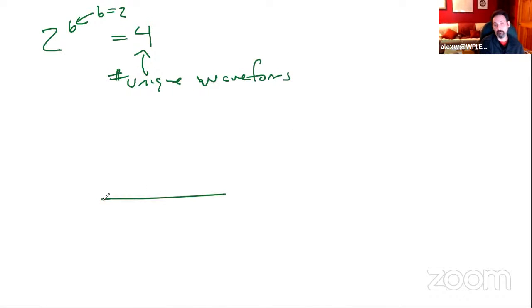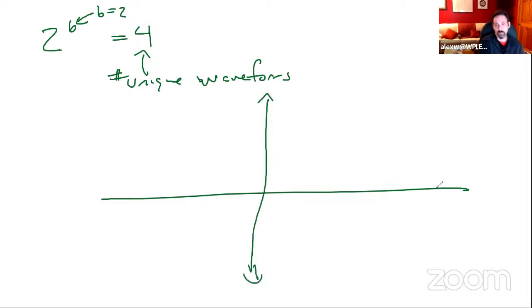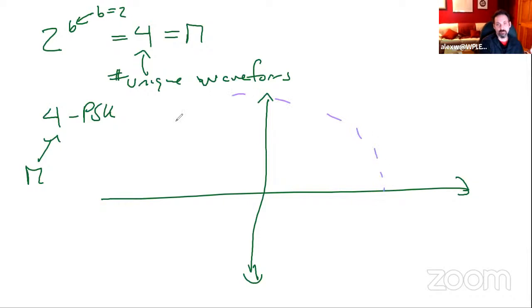So what we would get if we choose a coordinate system for, let's say, 4 PSK, where this 4 is the more generic expression M, right? Remember that all of these have a constant amplitude, so they're all the same distance away from the origin.